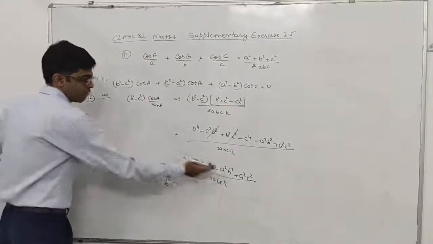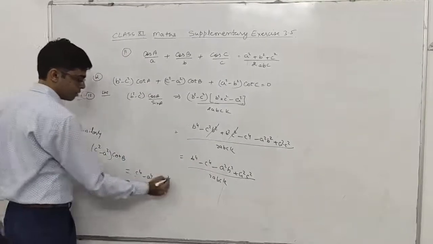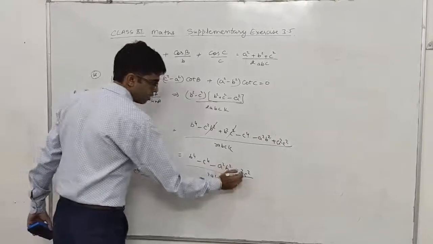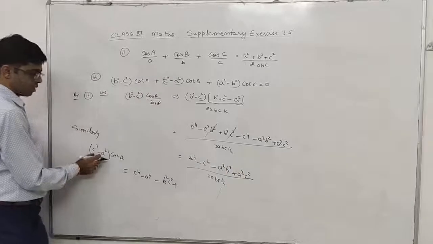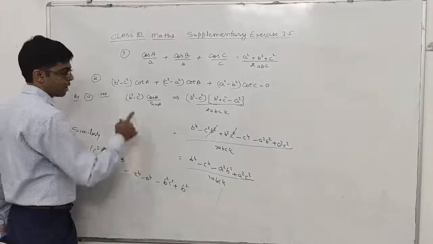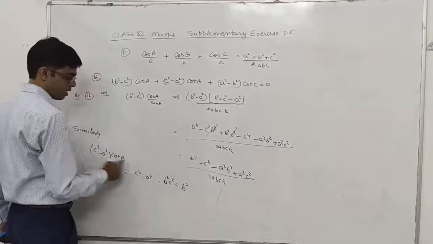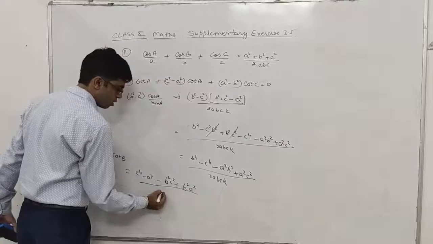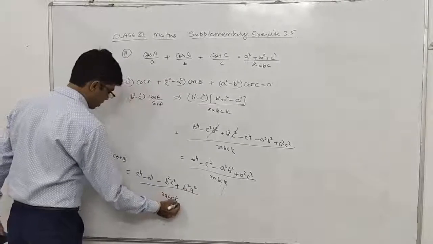The first term is c square, plus the term which is not present, b square multiplied by c square, and here a square, upon 2abck.